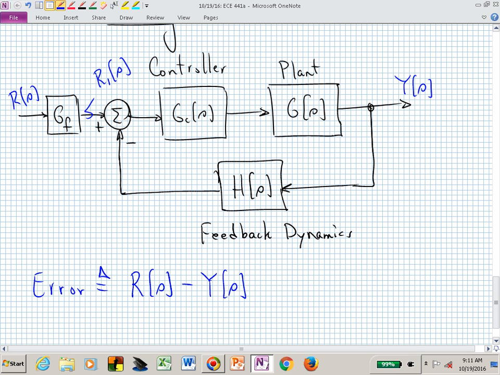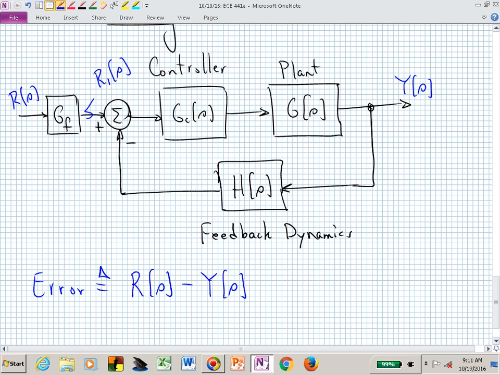Do we create that signal anywhere in the block diagram directly? No. We could if H of S was 1, and G of S was 1, then our error signal would actually be the output of that summing junction. Is that clear? But in this generic block diagram, we don't have that error signal physically available to us as a waveform anywhere in that block diagram.